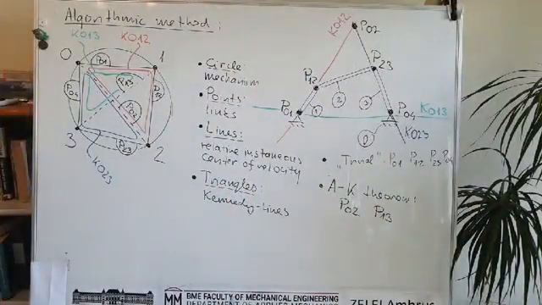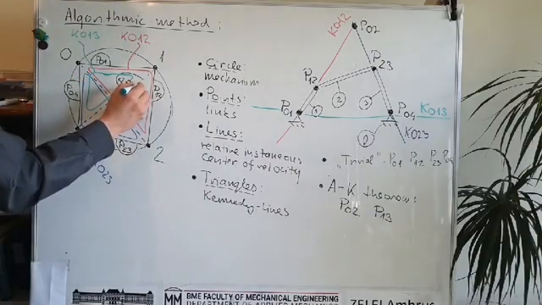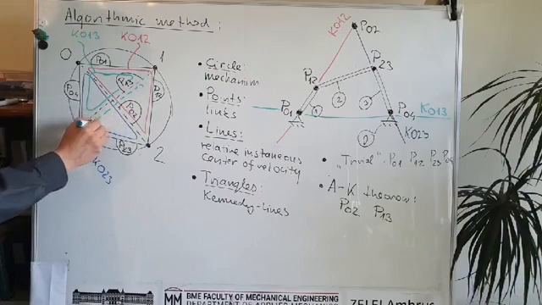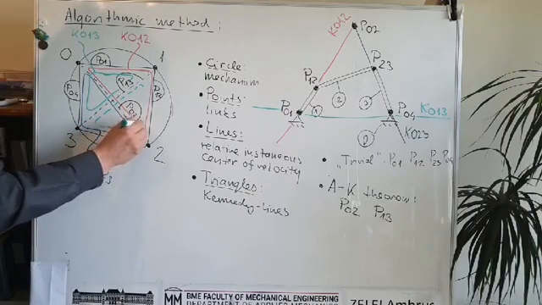It is already done, and finally I will draw it with dashed line. So this will be the last Kennedy line what we can draw.